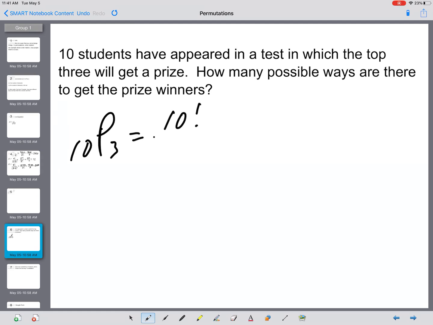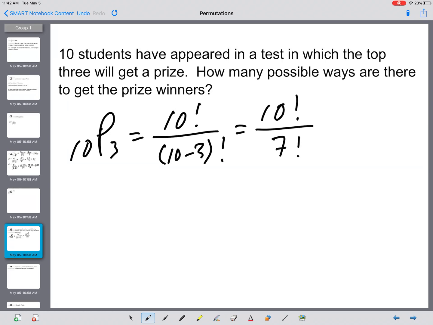This is 10 factorial over 10 minus 3 factorial. Actually, I'm going to make this a little bit different. 10 factorial over 7 factorial.